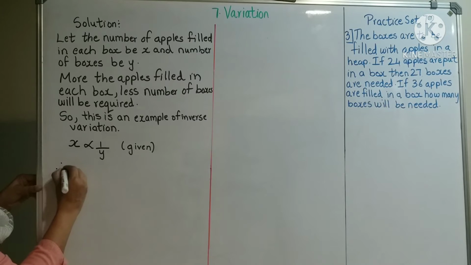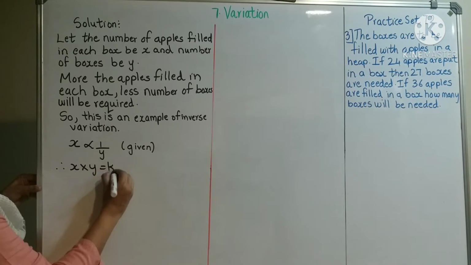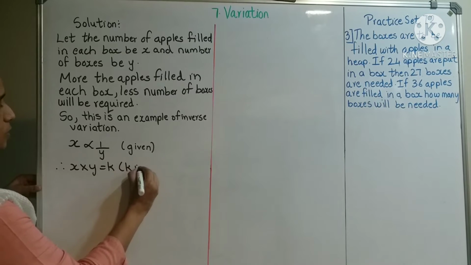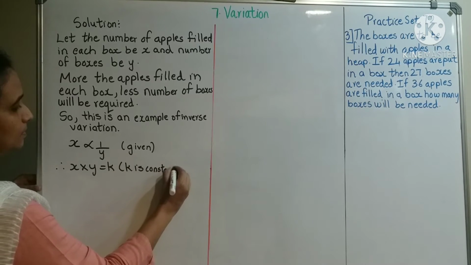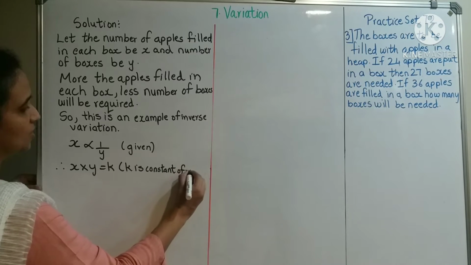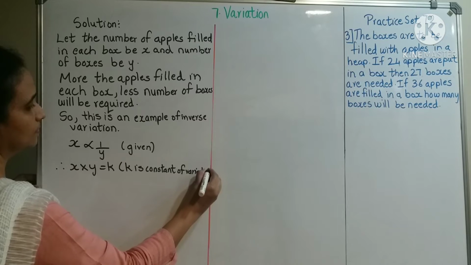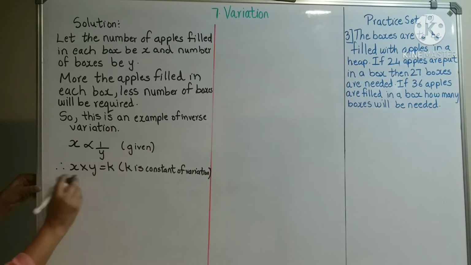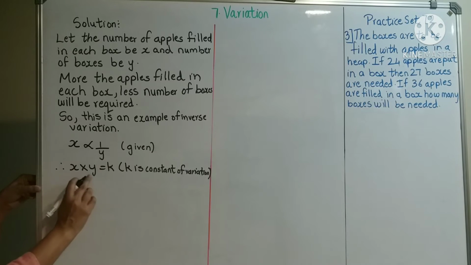Therefore x into y is equal to k. K is constant of variation. Now, in this equation, we are going to put the value of x and y.